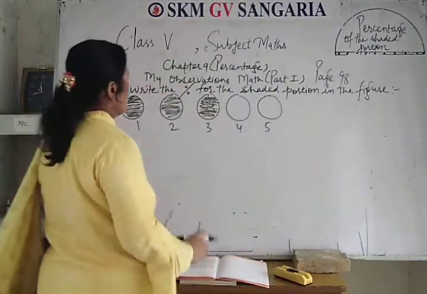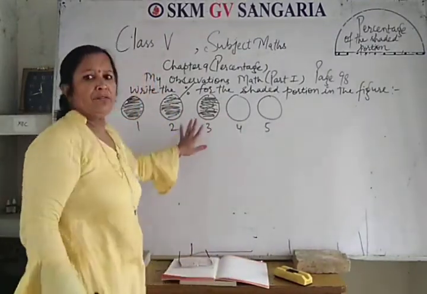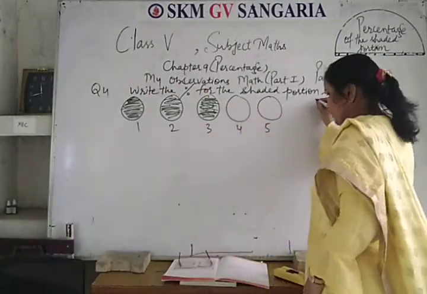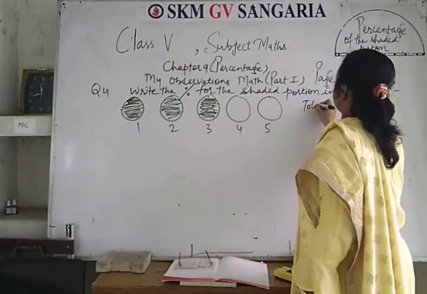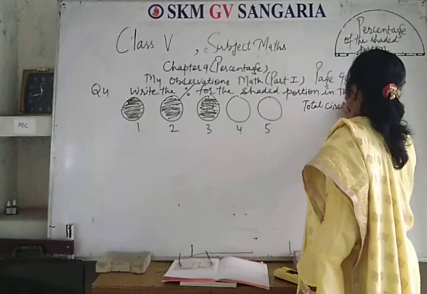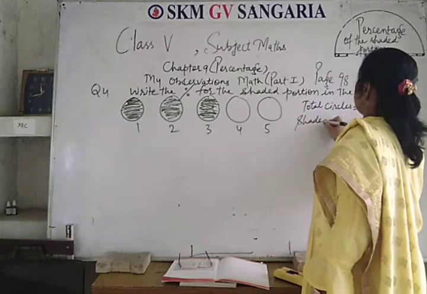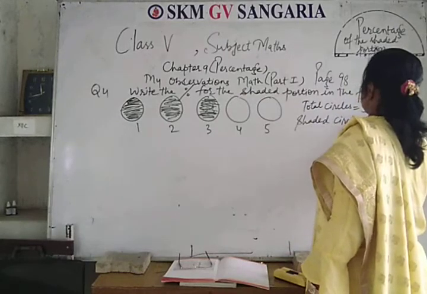Out of 5 circles only 3 are shaded. So here what will you do? Total circles 5, shaded circles 3.